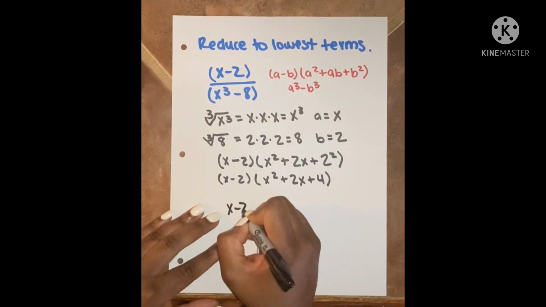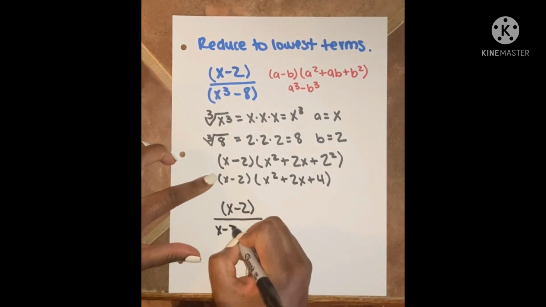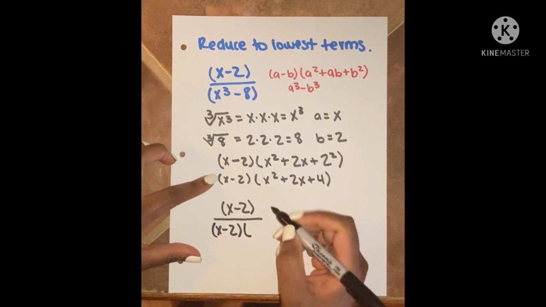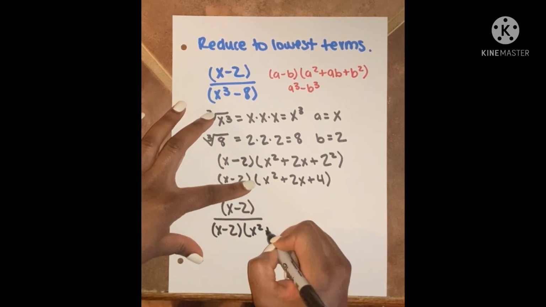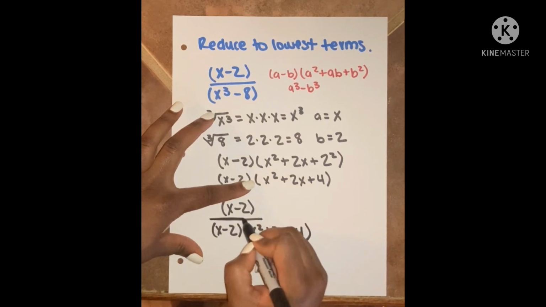So we have x minus 2 over x minus 2 multiplied by x squared plus 2x plus 4.